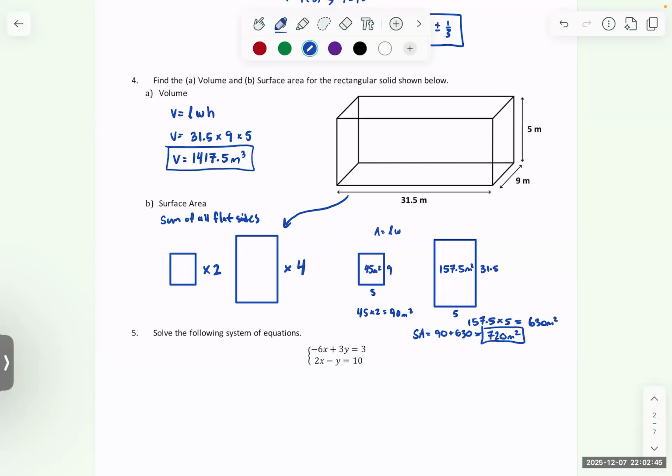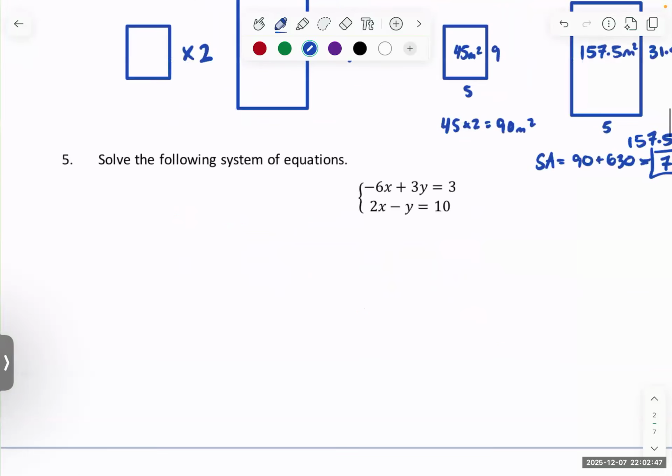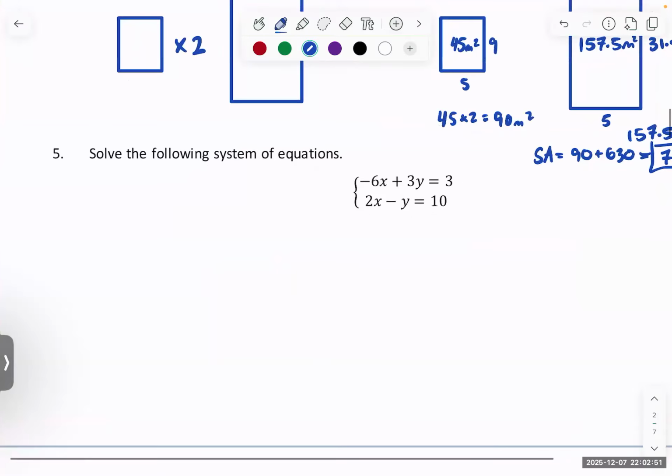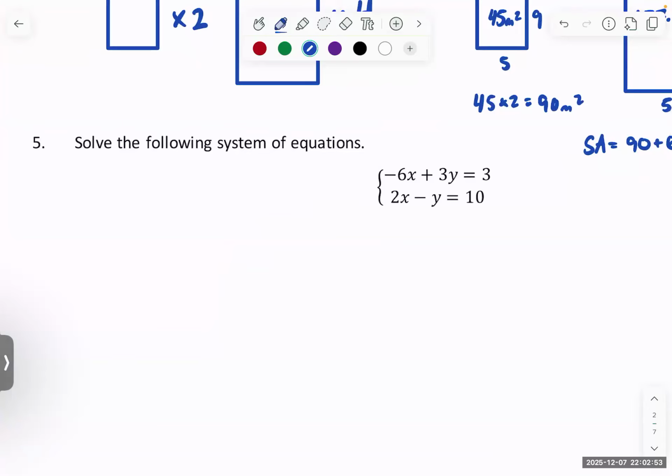All right. For the next one, solve the following system of equations. You can use substitution, you can do whatever. I'll choose elimination method. It doesn't matter. Although with graphing, I'm not sure how you would solve this. So, right off the bat, I notice that I can multiply this side by 3.